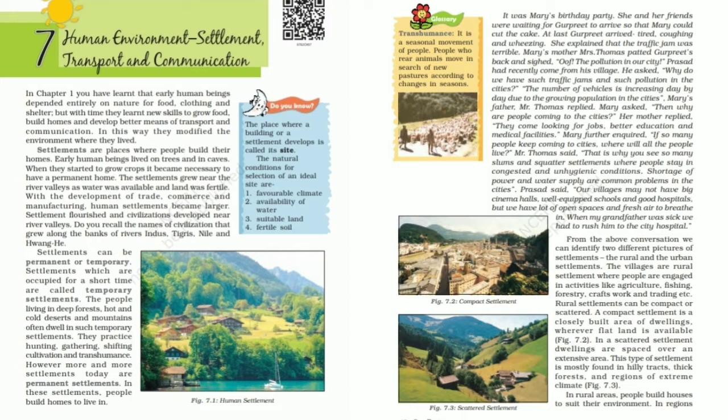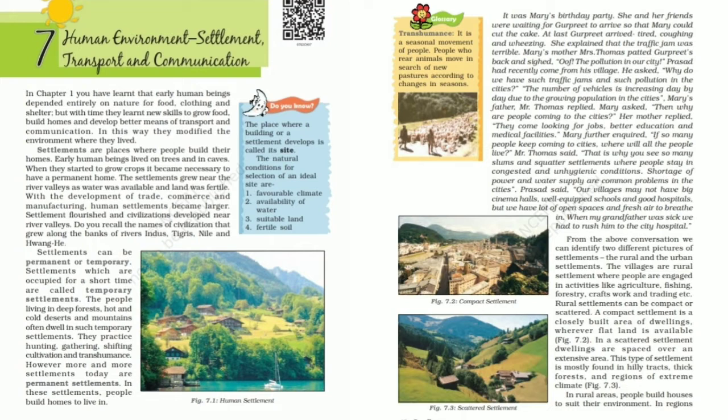A place where a building or a settlement develops is called its site. The natural conditions for the selection of an ideal site are favorable climate, availability of water, suitable land, and fertile soil.